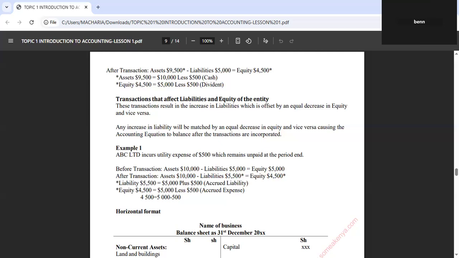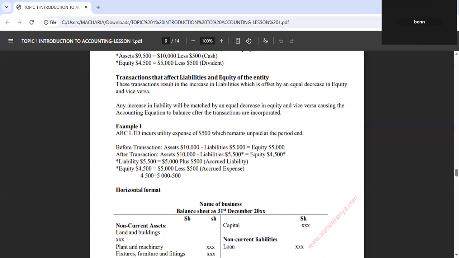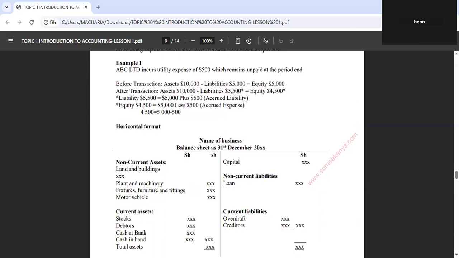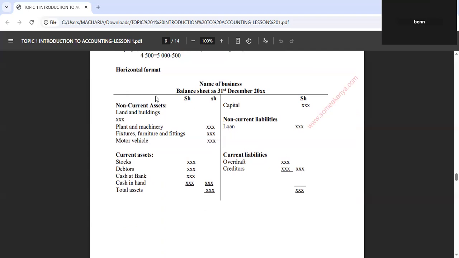Now, I want to look at how to prepare a balance sheet. There are two ways we normally follow when we want to prepare a balance sheet. The first one is called a T format, which is the one that you can see here. We have non-current assets. These are assets that can be used for more than 1 year.